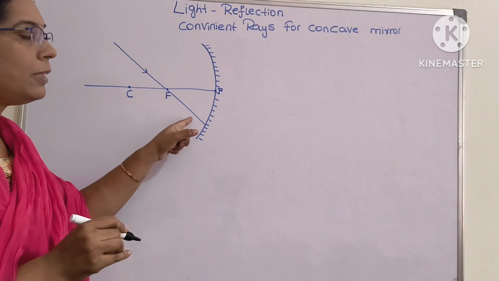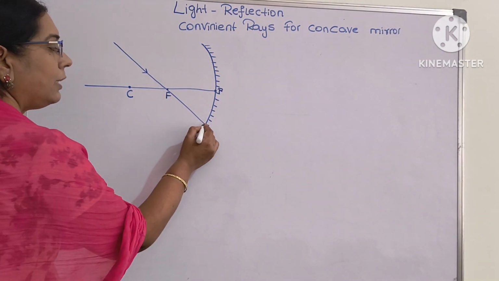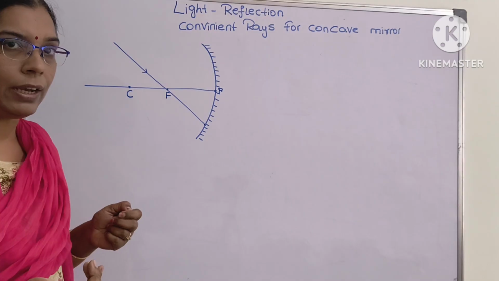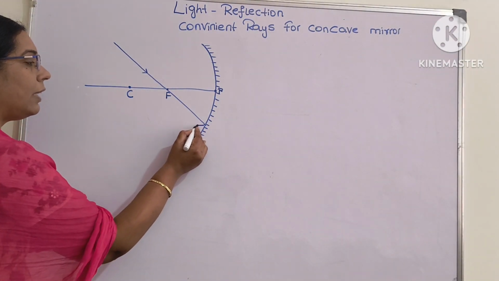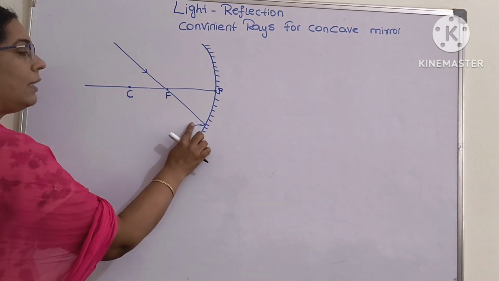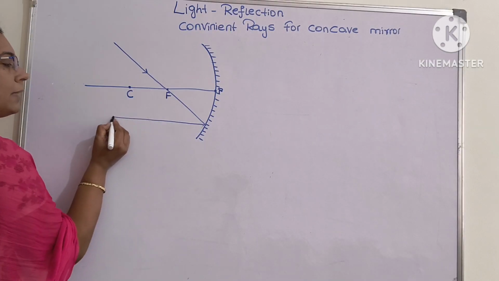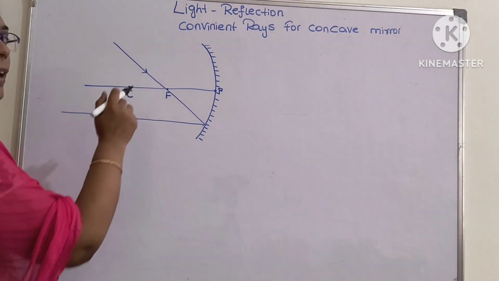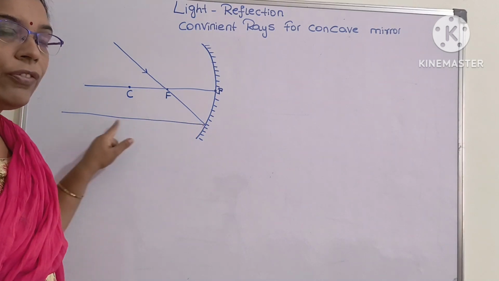So the moment the ray is passing through the focus, how will it reflect? It strikes the mirror and then it will reflect parallel to the principal axis. This line is called the principal axis. What kind of ray is this?